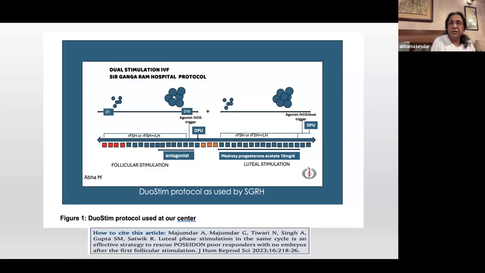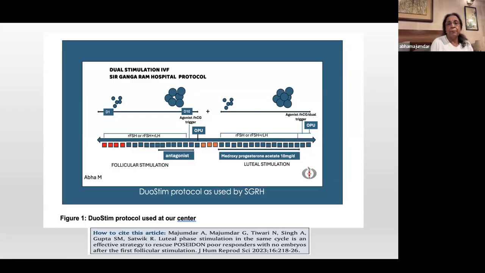If we see that the patient has made 2-3 blastocysts, we may not go ahead with the dual stimulation. But if she's made no or one blastocyst, we leave her for 5 days nowadays, and then we start with recombinant FSH or with LH, depending on her age. And across this, we give her medroxyprogesterone acetate from the 3rd day after pickup, because she's already made a lot of progesterone in her circulation.